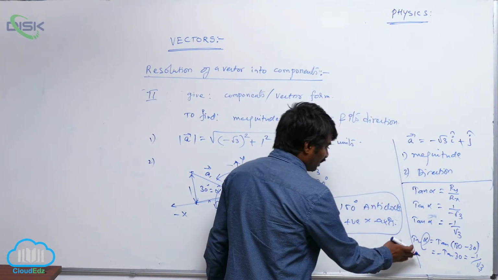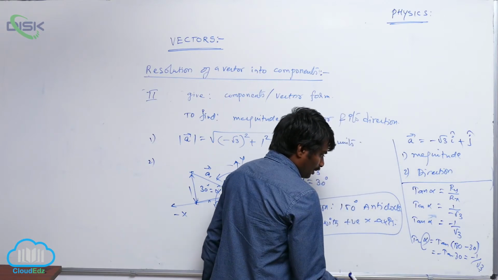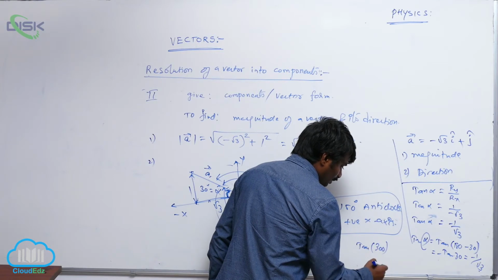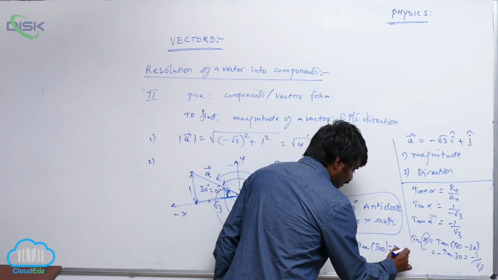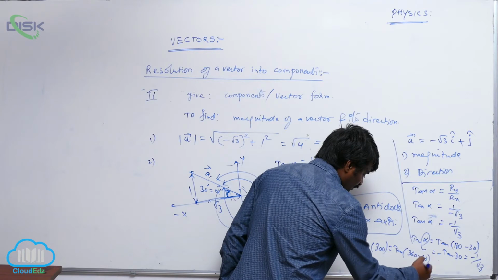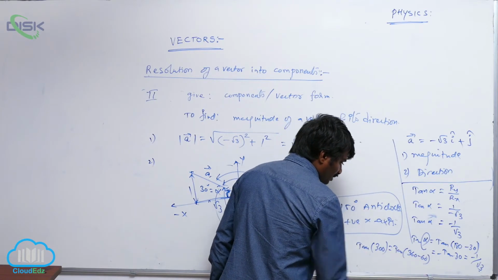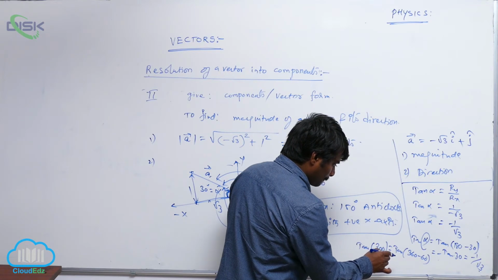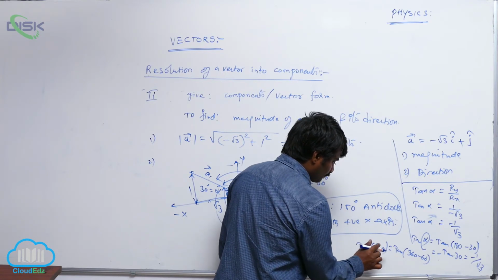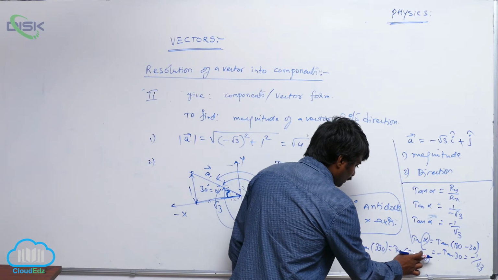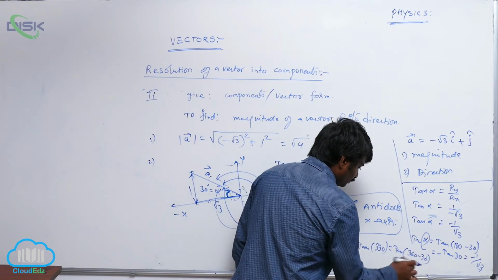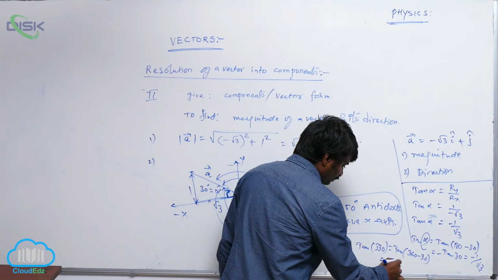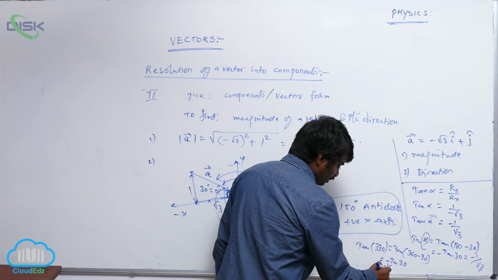See, how is it possible? Tan 330, tan 360 minus 30, so it is minus tan 30. Minus tan 30 means minus 1 by root 3 only.